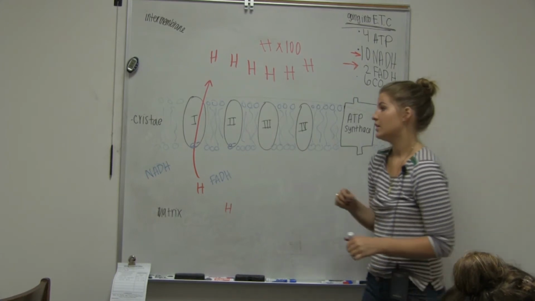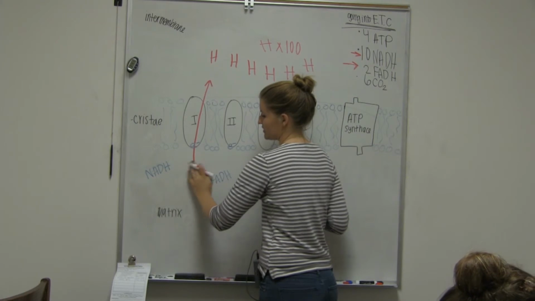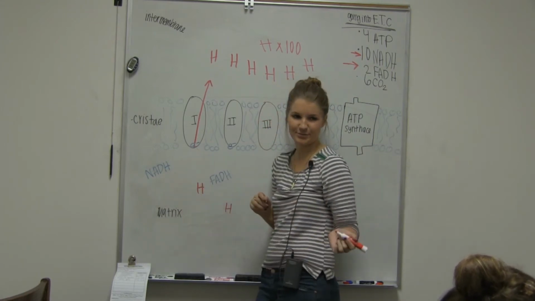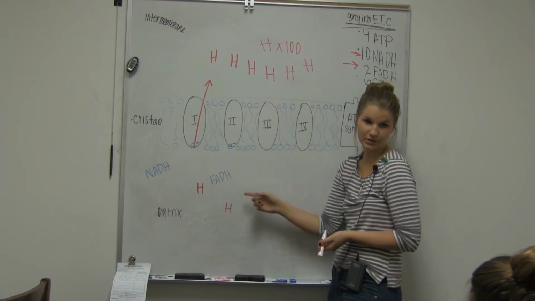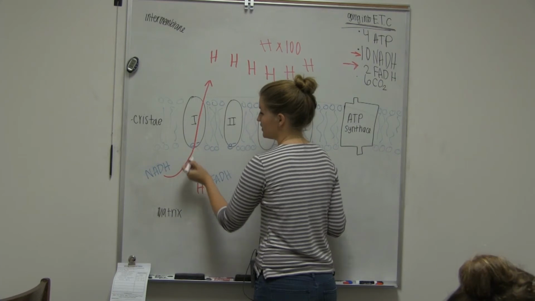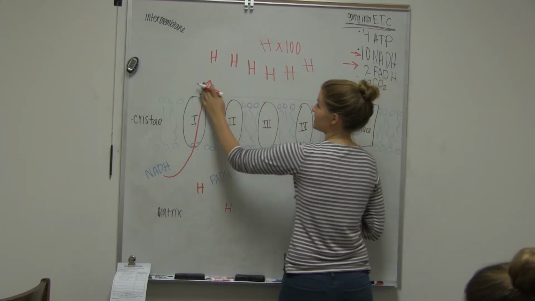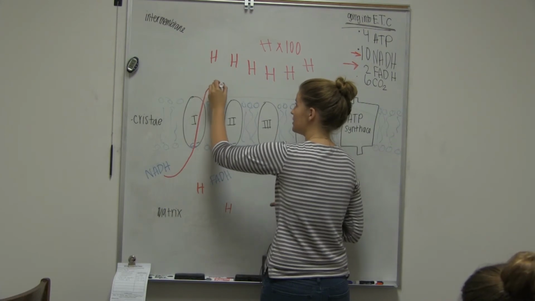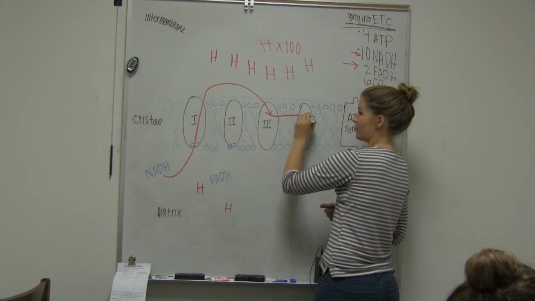NADH is going to transfer its electrons in a different spot than FADH will. NADH is going to come to the first protein, transfer the electrons, and then the electron is going to jump from the first protein to the third protein to the fourth protein.